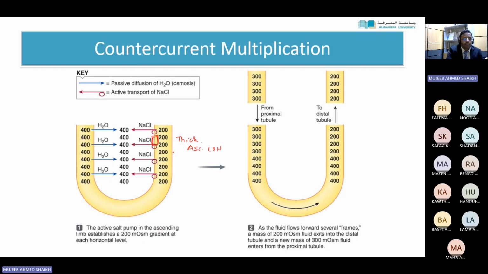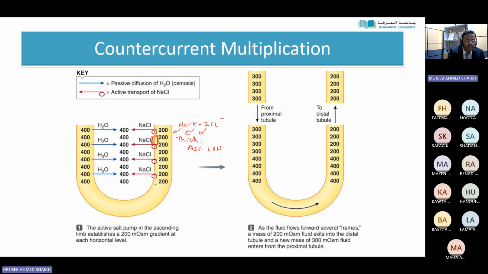Not aquaporin. Sodium, potassium, 2 chloride channel is there, right? It is absorbing sodium ion, potassium ion, and along with it, 2 chloride ions.